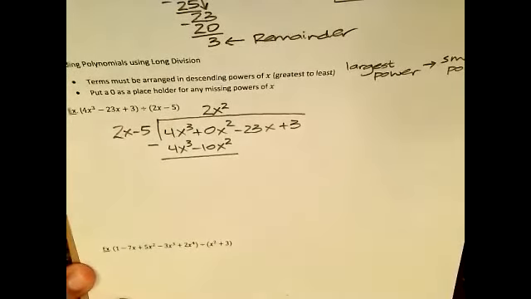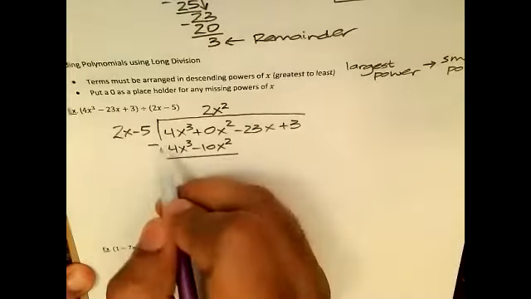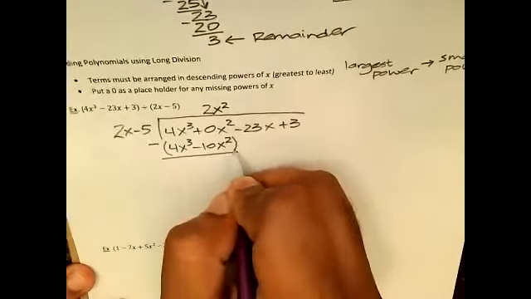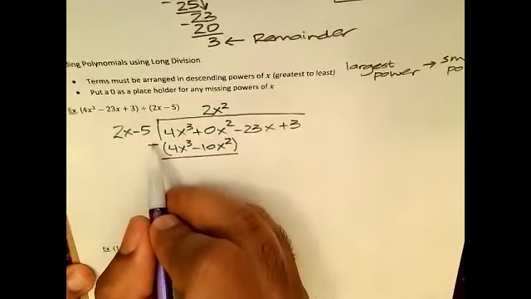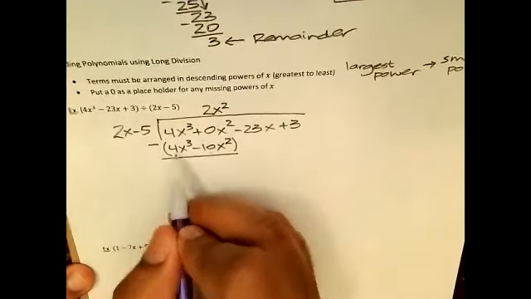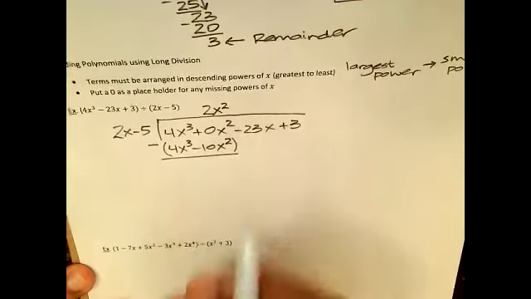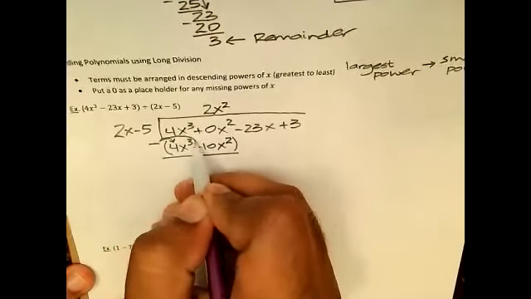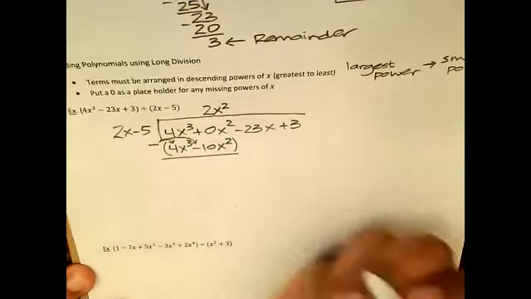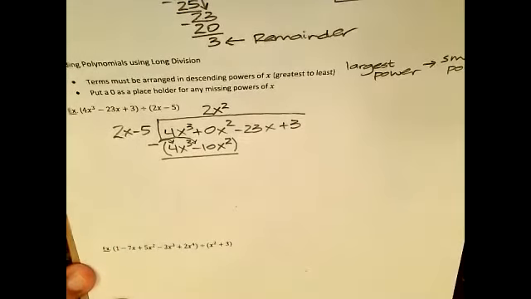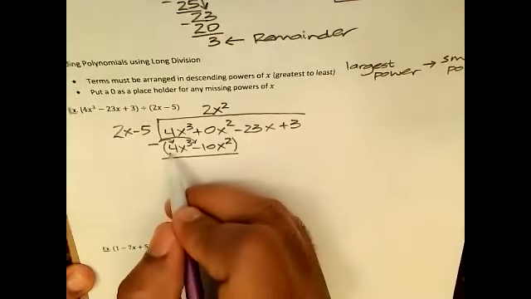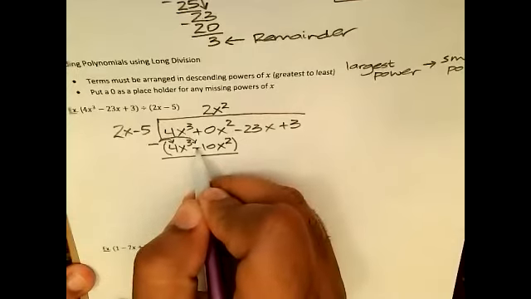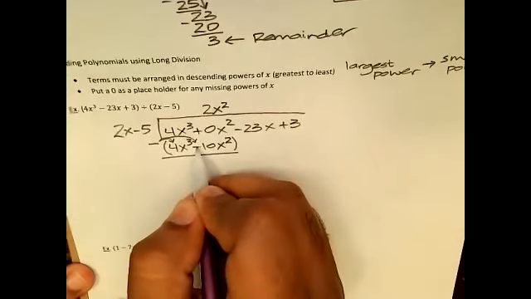The thing you have to be careful about when subtracting is that you're subtracting all of this, which means you're going to have to distribute the negative to both of these terms. I'm going to put a little note here. When you distribute the negative, this negative is going to change into a plus.